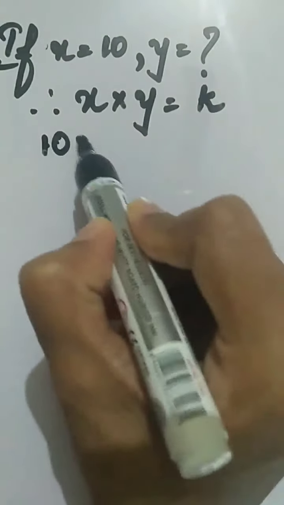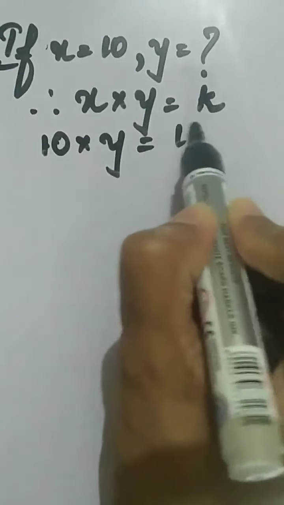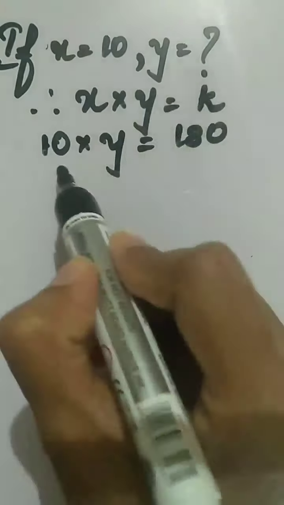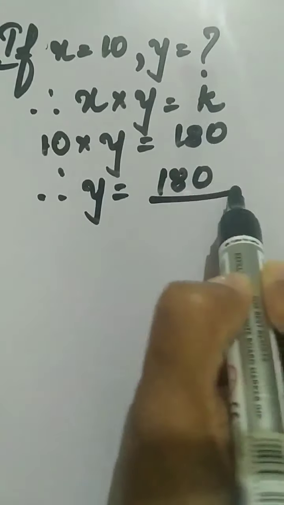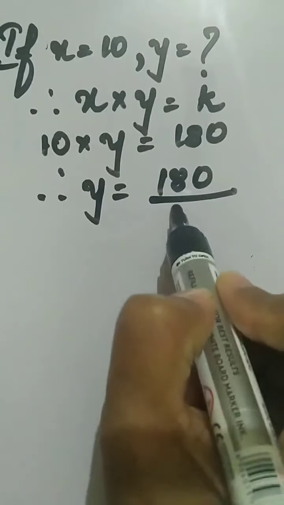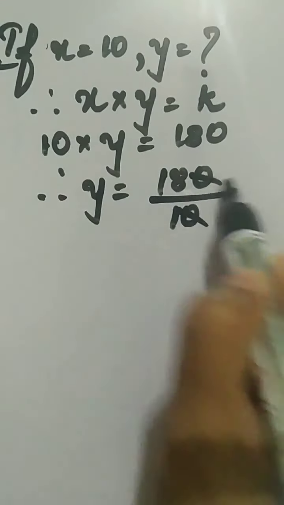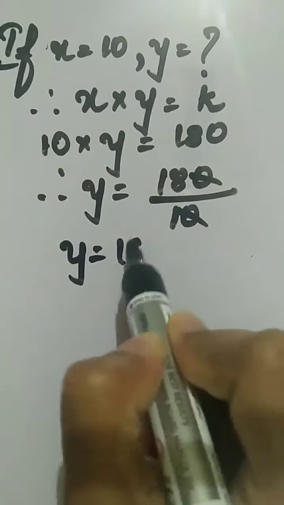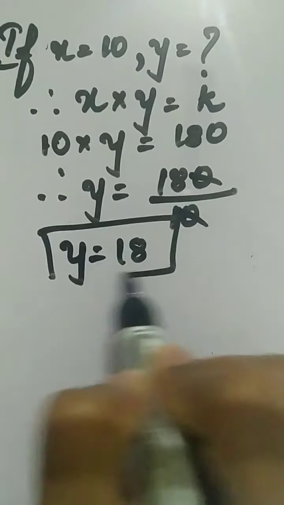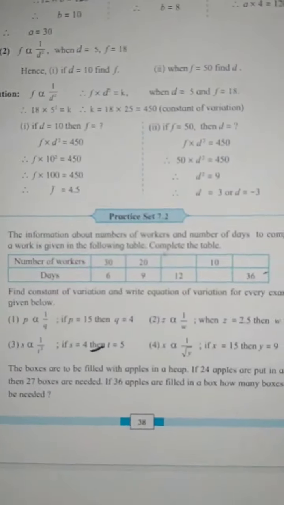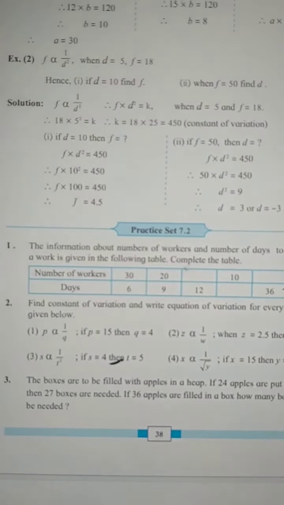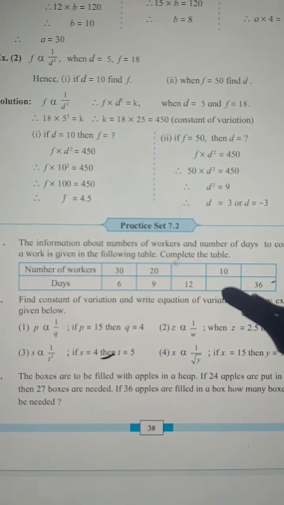X is 10, y we don't know, k is 180, the constant that you got before. So therefore y is equal to 180 upon 10. 10 will come to this side upon 10. Cancel. So you got y is equal to 18. So this way you will complete the table. So for 10 workers, 18 days.